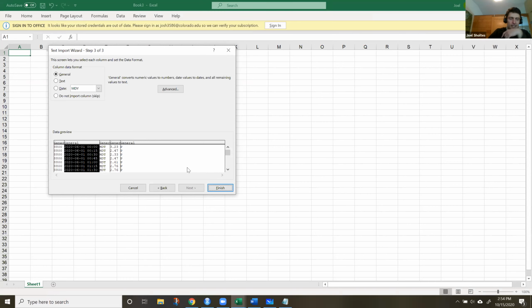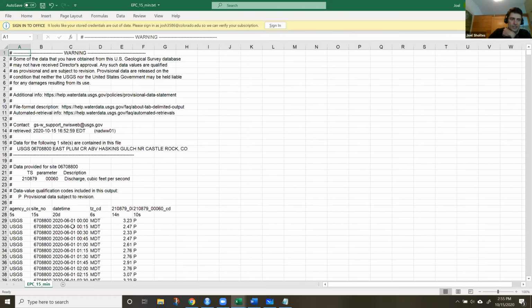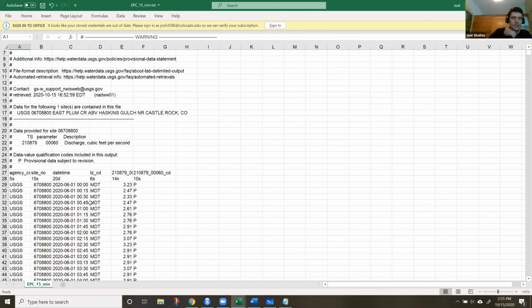So right here is the date and time. And Excel loves messing with dates and times, as you guys no doubt know. If it sees that, it's going to turn it into some different format. I don't want it to. I'm going to just say, treat that as text. Don't mess with it, please. Okay, that's the only one I care about. Finish. So it keeps the original format that USGS gives it. It doesn't do anything funky.